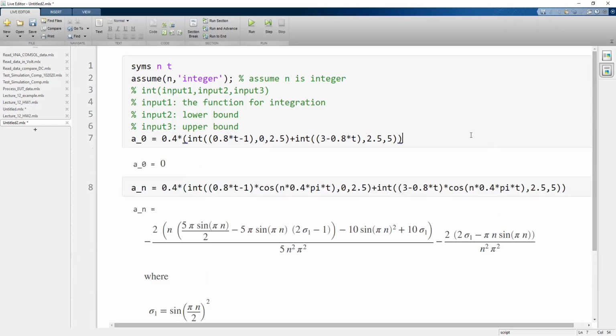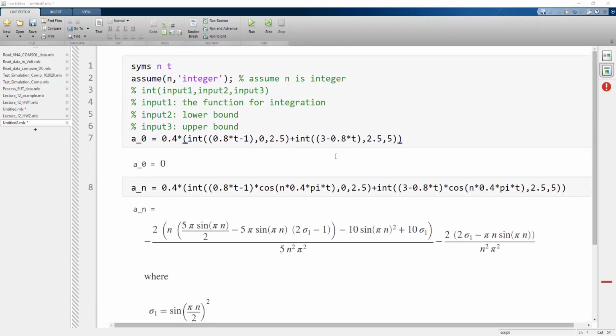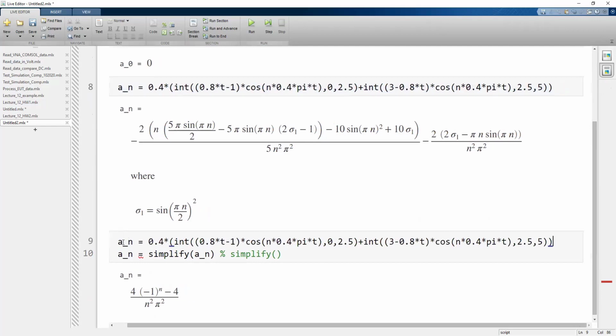If you don't want to use the symmetric property, you can also calculate your Bn. We already know that Bn is 0, but I'm going to leave these for you after class. Well, perhaps not, because we already have An. Bn is relatively easy. Let me copy and paste.